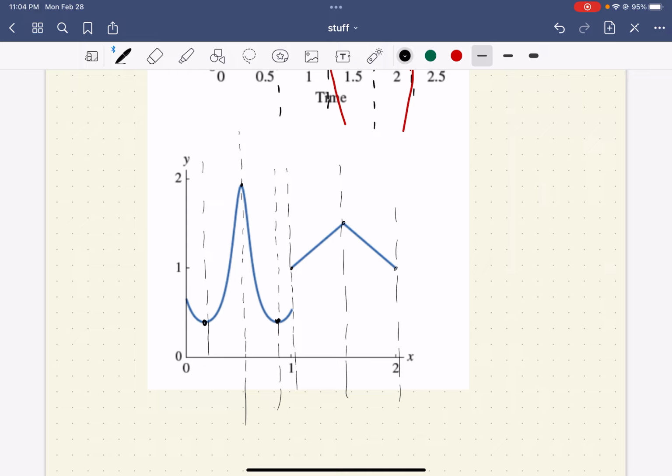That was probably supposed to be a 2, and this other jump was supposed to be at 1, most likely.